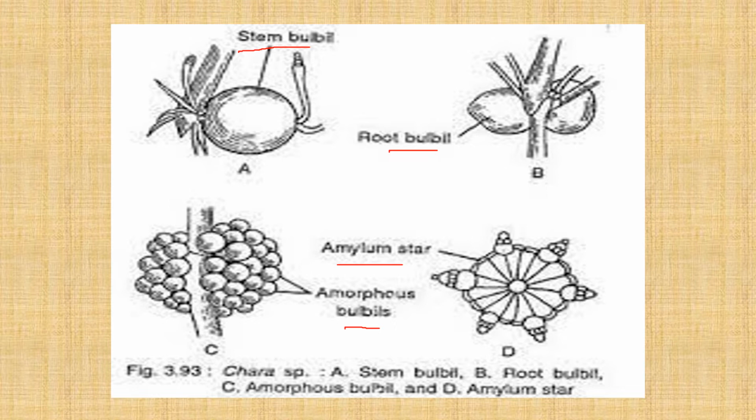So these perennating structures are the vegetative structures. These are the bulbils, the amorphous bulbils, and the amylon starch. Apart from it, there is also another structure called the secondary protonema. We are going to discuss all these four vegetative reproductive strategies in detail in the next slide.